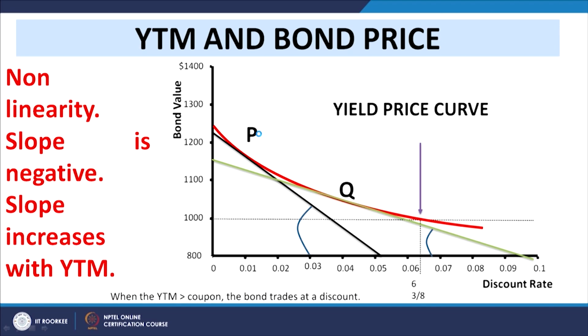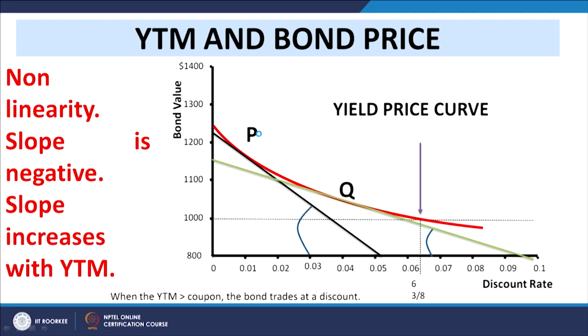This is also clear if you look at the slopes of the curve at the points P and Q, both of them are negative. dP by dy are both negative, and as a result we again infer that price and YTM are inversely related. Howsoever you may like to infer, the diagram itself is depicting that the YTM and price are inversely related. We will come to a quantification of that in a minute.